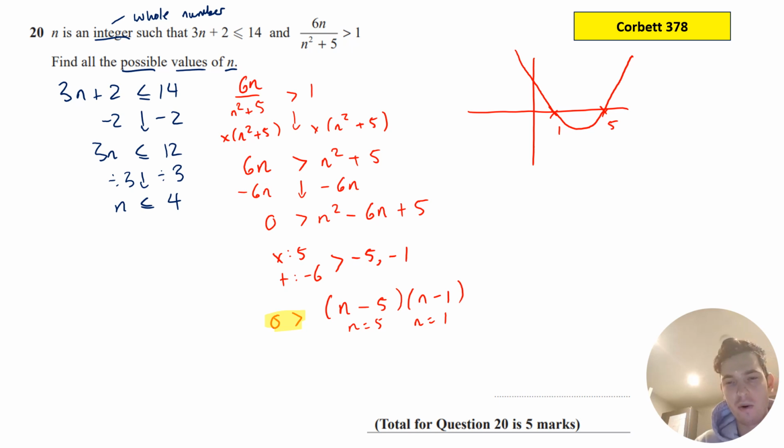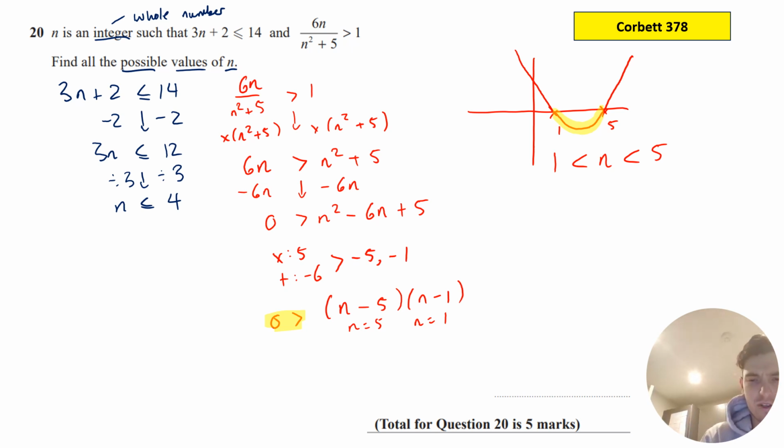Because if you look at the inequality sign, the 0 is bigger than what I've got. So n minus 5, n minus 1 is less than 0. So because it says less than 0, I think I'm looking for this region here underneath the axis. Let's go back to my pen and let's write this as 1 less than n less than 5.